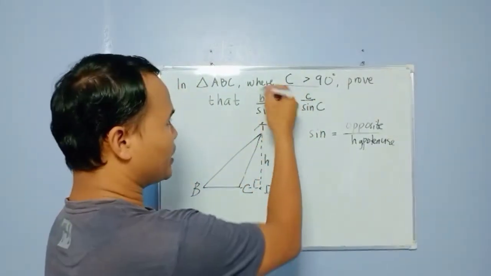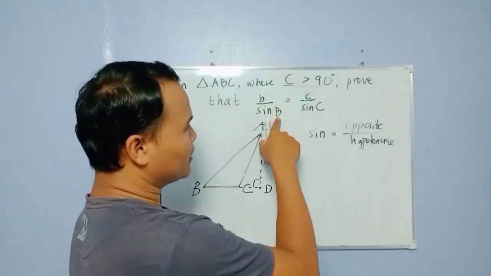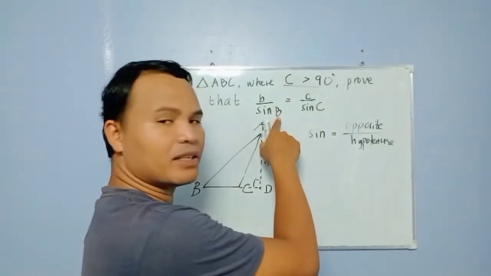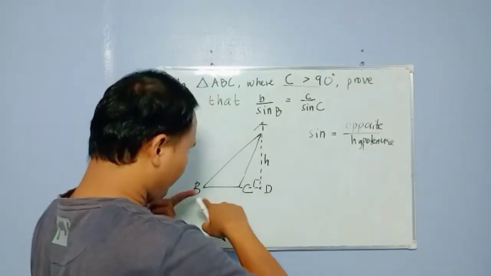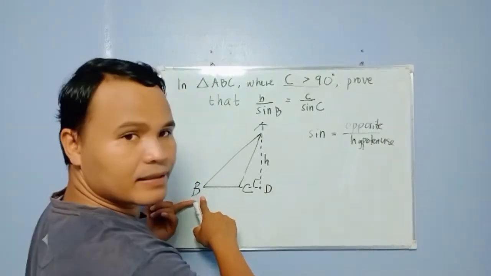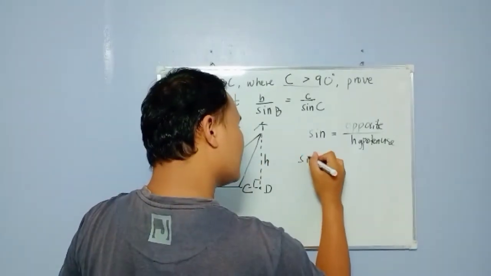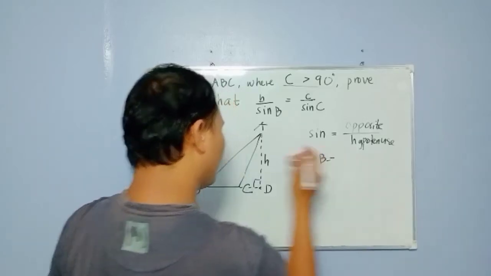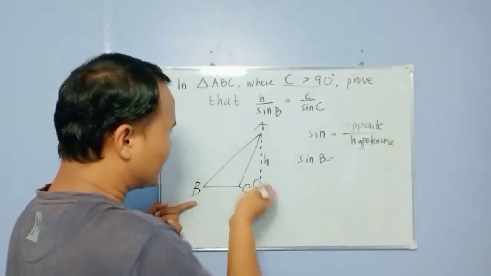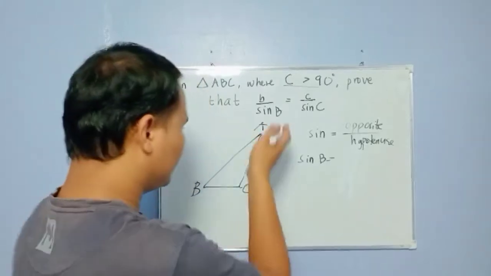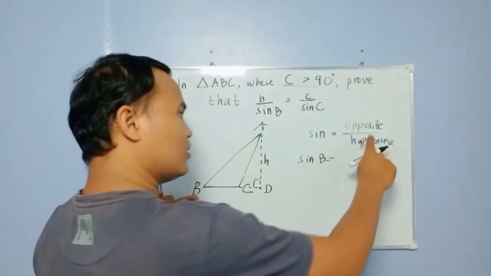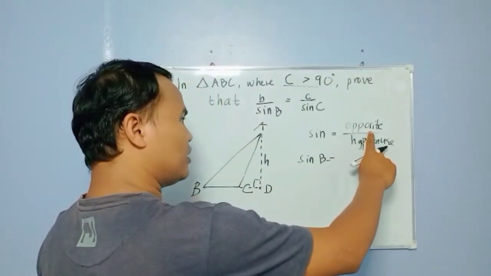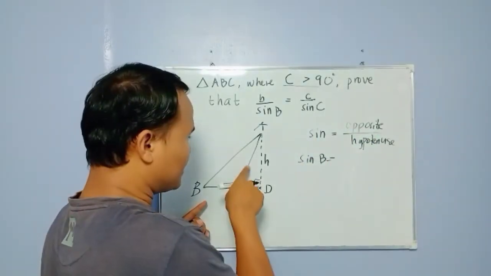Now, since we are going to prove this for angles B and C, if we have to find sine of angle B, we are using the bigger right triangle here. Sine of angle B is opposite over hypotenuse. What is the opposite side of angle B?